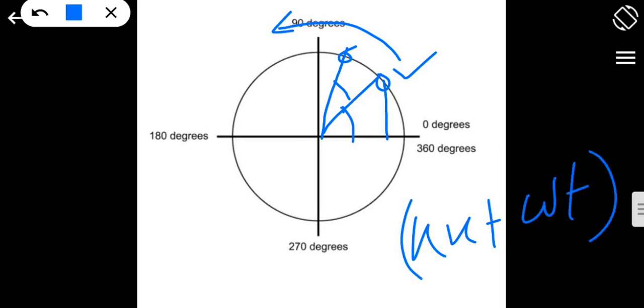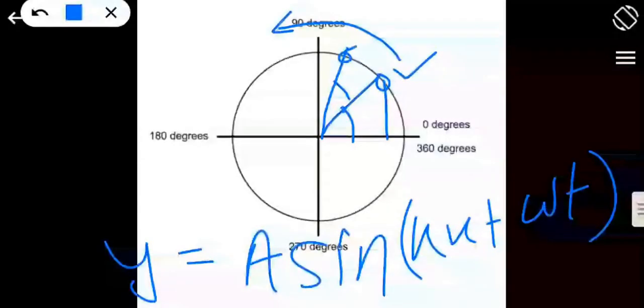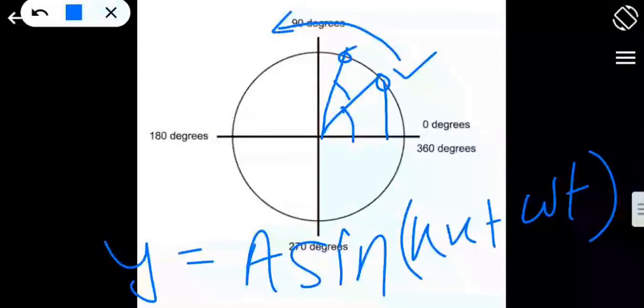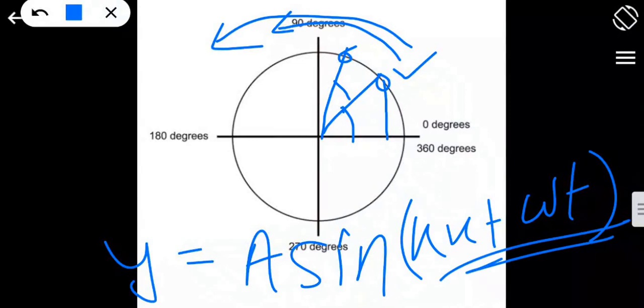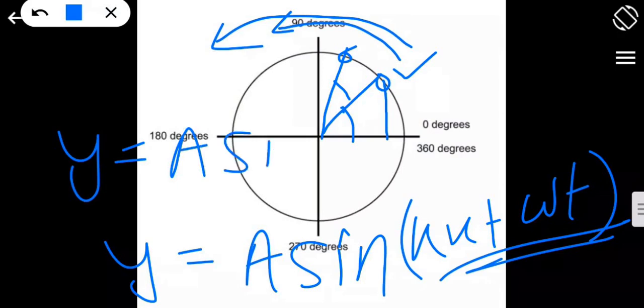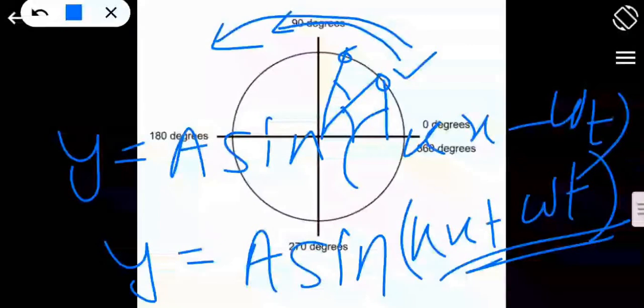So what should be the formula? y equal to a sine kx plus omega t. If it is moving in the anti-clockwise direction on this side, this will be kx plus omega t. If it is moving in the clockwise direction, it will be y equal to a sine kx minus omega t. This is the equation.